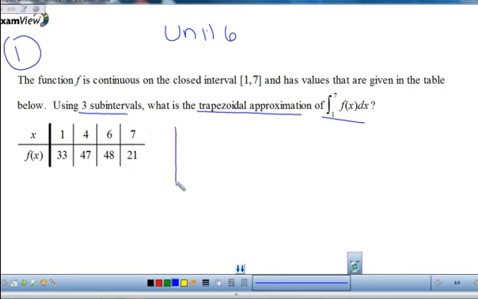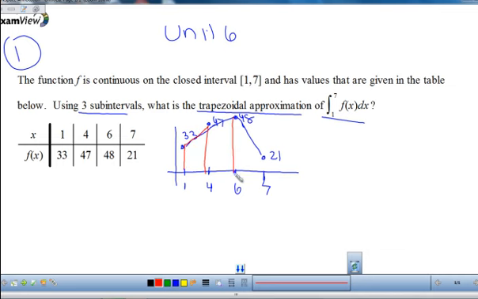So let's graph it just to give us an indication of what it looks like. Okay, we get a curve that looks like this. My first trapezoid is going to go from 1 to 4. From 4 to 6, that's the second. And from 6 to 7, that's the third one.